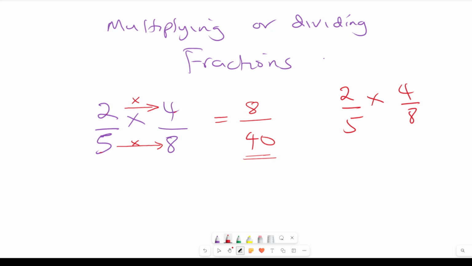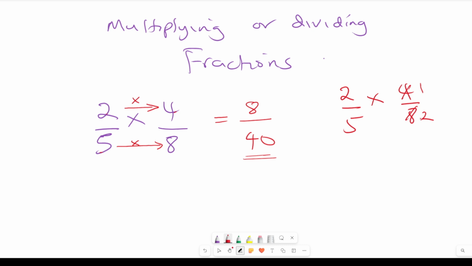Remember HCF? One of the main functions of HCF is to simplify fractions. The HCF for 4 and 8 is 4. So 4 goes into this 1, 4 goes into this 2.